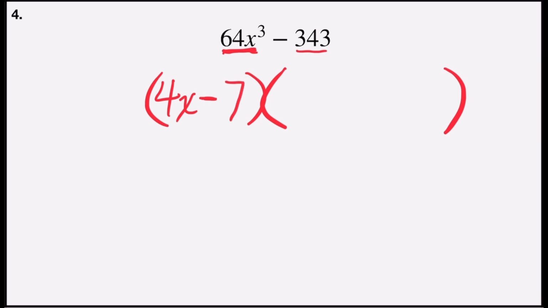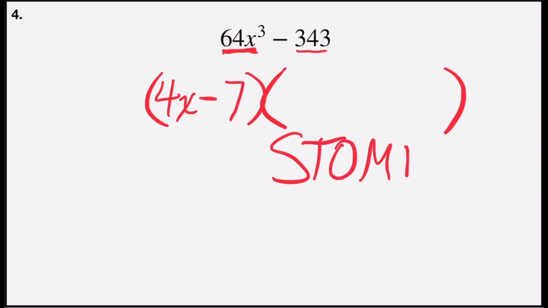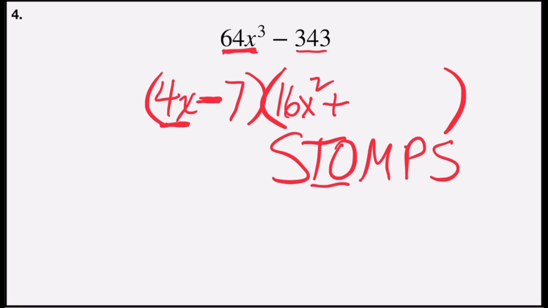And now for the trinomial, I'm going to use my memory trick, STOMPS, S-T-O-M-P-S. So the S stands for square, so 4x times 4x is 16x squared. TO stands for the opposite, so the opposite of minus is plus.